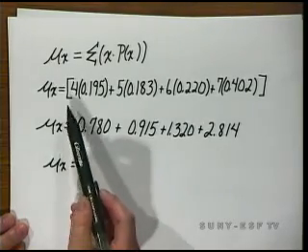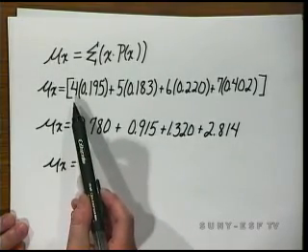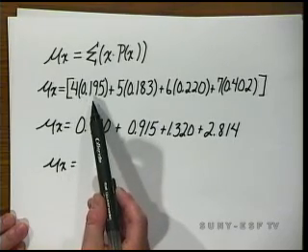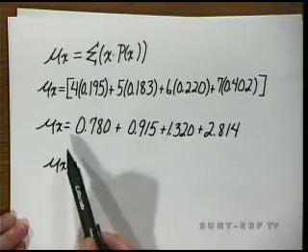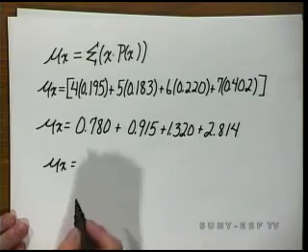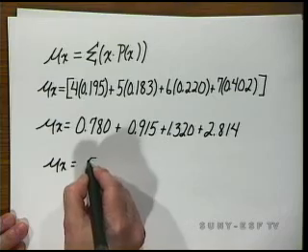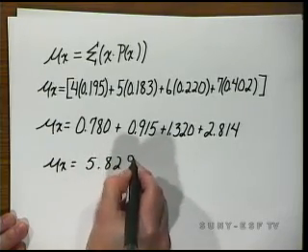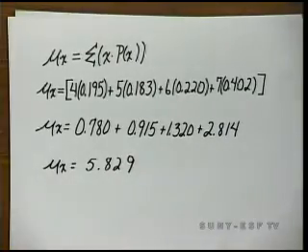We simply step through our probability distribution multiplying x times its probability. We then do the math, and we come up with a mean of 5.829.